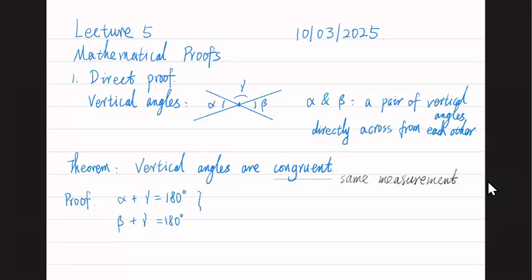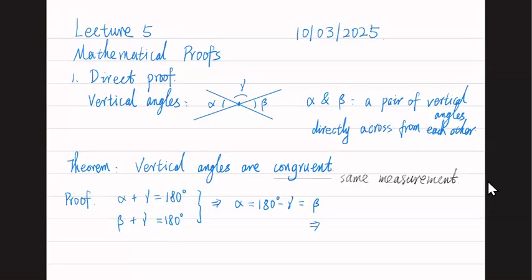This implies the two vertical angles must be the same. They have the same measurements. This is a direct proof.